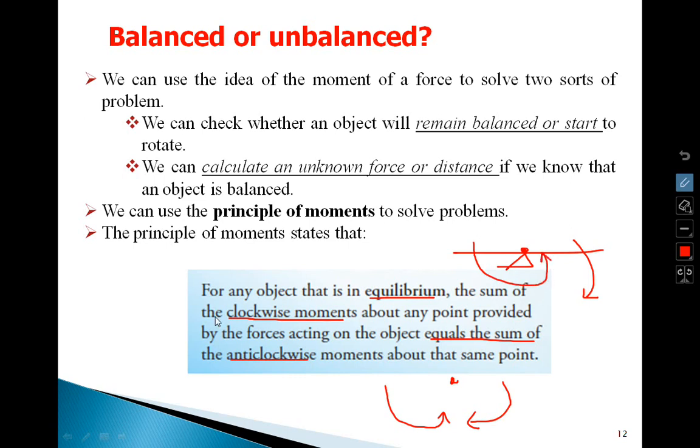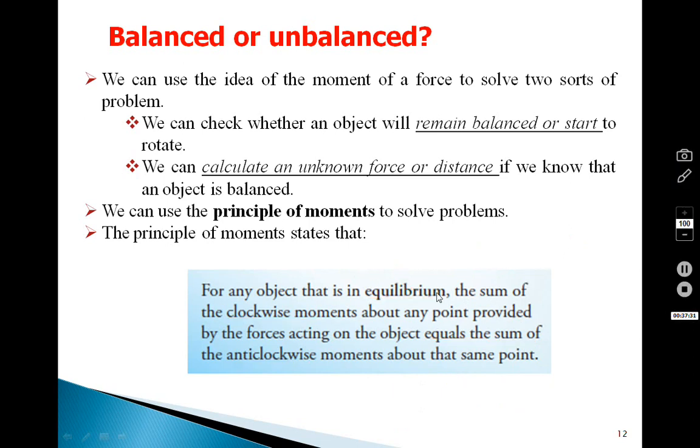So for any object in equilibrium, the summation of clockwise moments is exactly equal to the summation of anti-clockwise moments. That is the condition for balanced objects. If they are balanced, this one is equal to this one. If not balanced, this one is not equal to this one. They will be different.